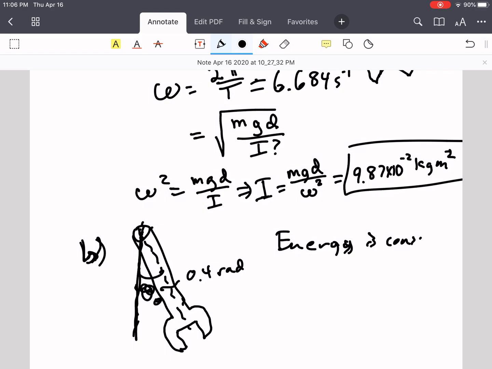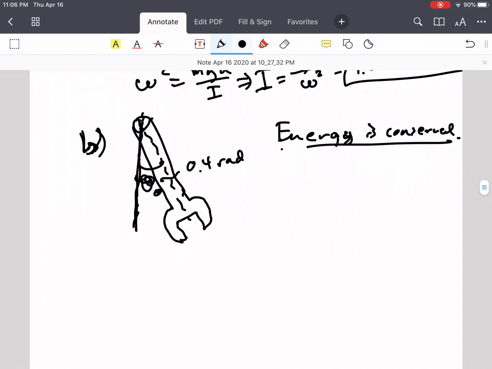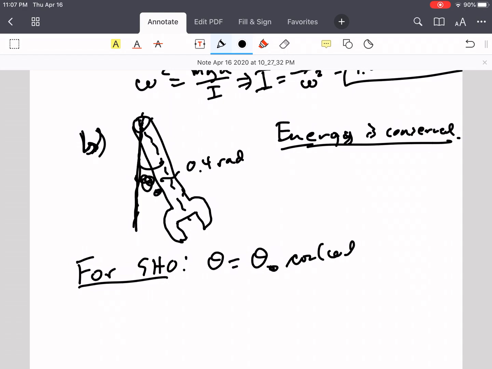And so if you remember back to last time, we talked a little bit about how we might do this sort of problem with energy conservation for a simple harmonic oscillator. So for a simple harmonic oscillator, I know that my equation of motion is theta is equal to amplitude, which in this case is given to us as theta 0, times cosine omega t plus phi, but since it starts out at its maximum, this would be theta 0 cosine omega t.